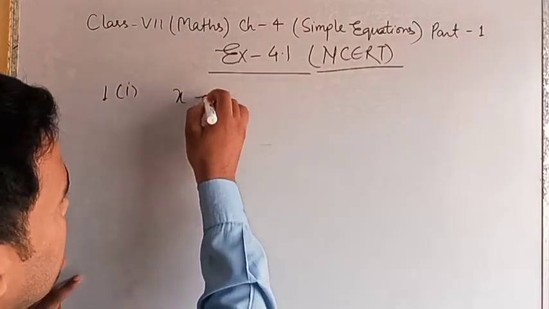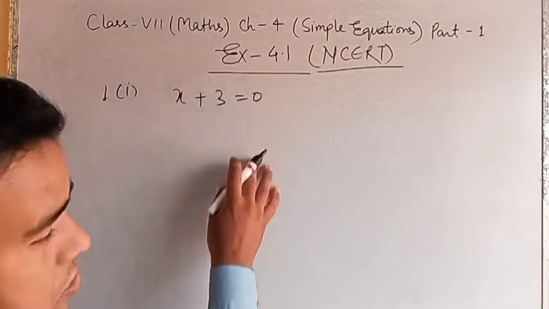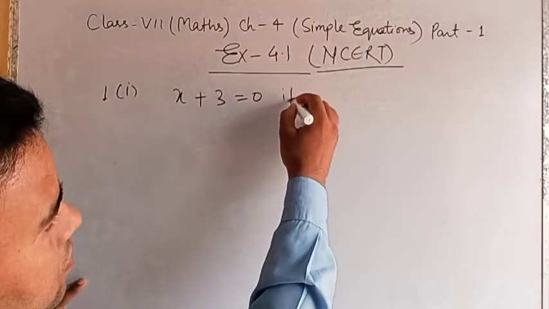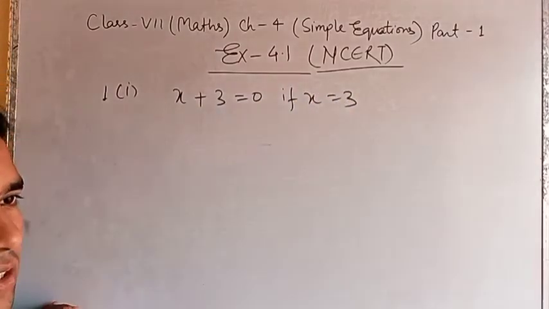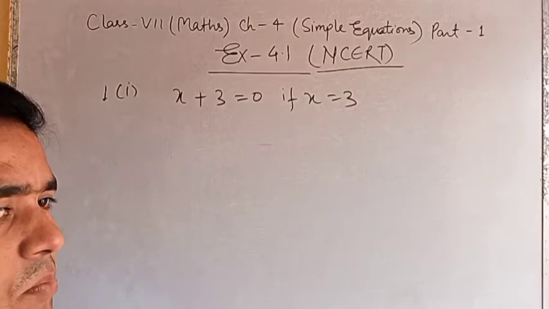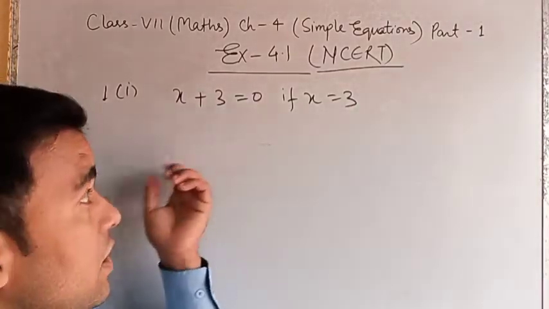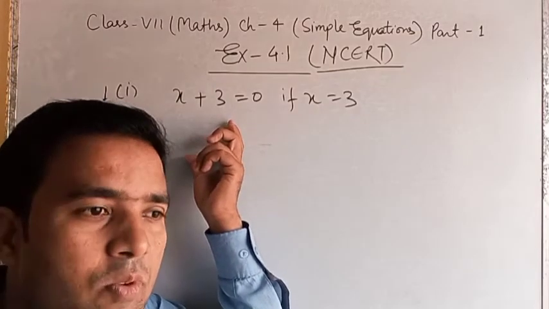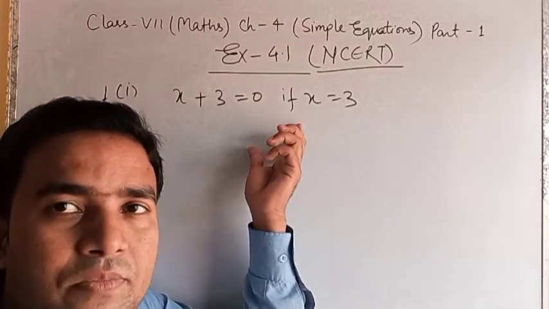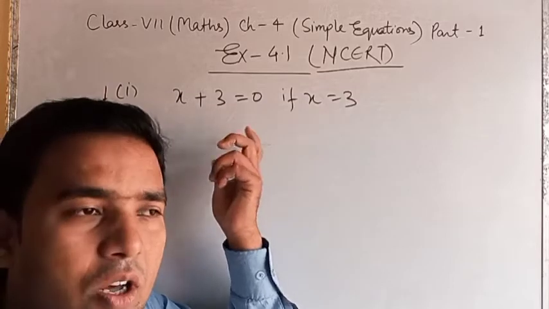x plus 3 equal to 0 if x equal to 3. Here it is asking x plus 3 equal to 0 if x equal to 3, means if in this equation you put the value of x, will you get 0 or not.